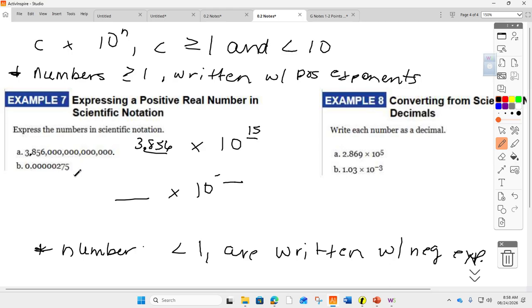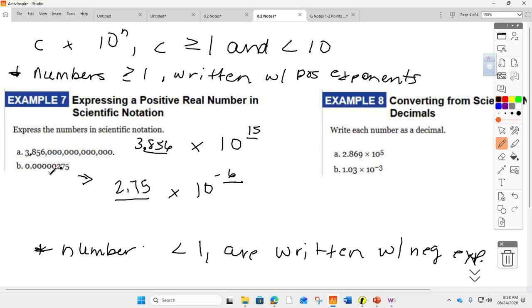So 1, 2, 3, 4, 5, 6. 2.75 is greater than or equal to 1 and less than 10. And I moved it 6 decimal places. So in scientific notation, that's 2.75 times 10 to the negative 6 power.